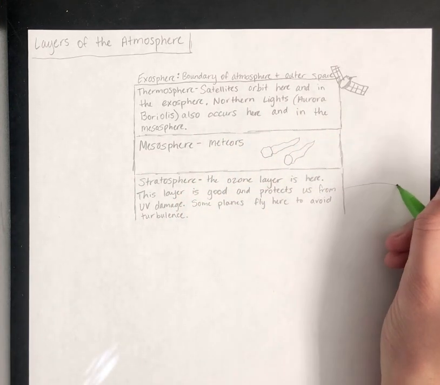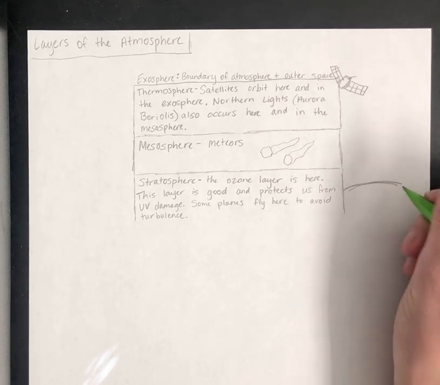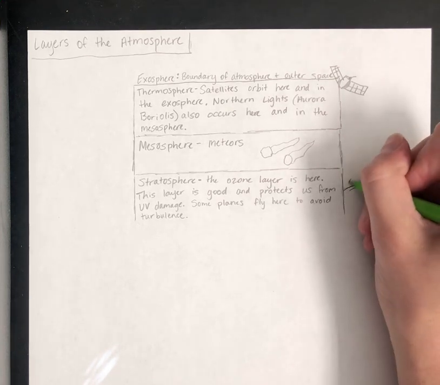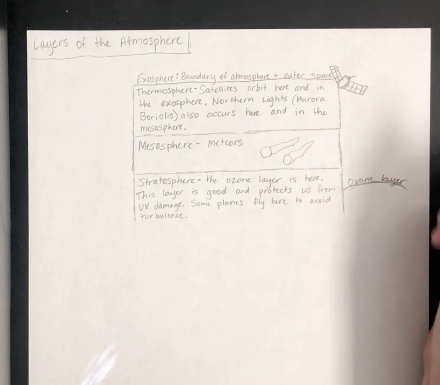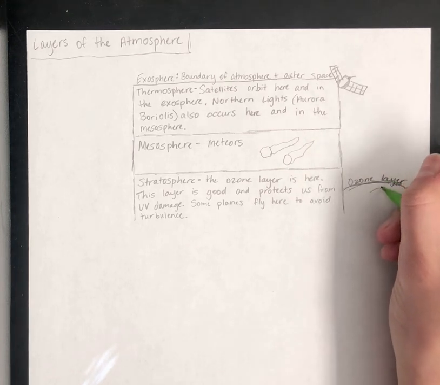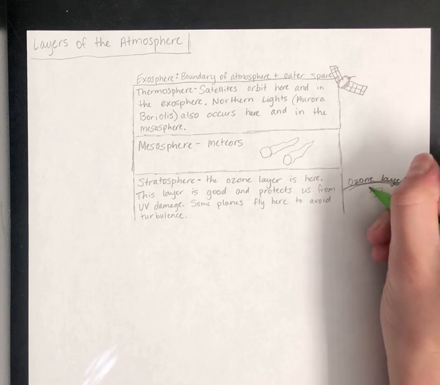So you have here your ozone layer. And then underneath that you have some planes that fly here.